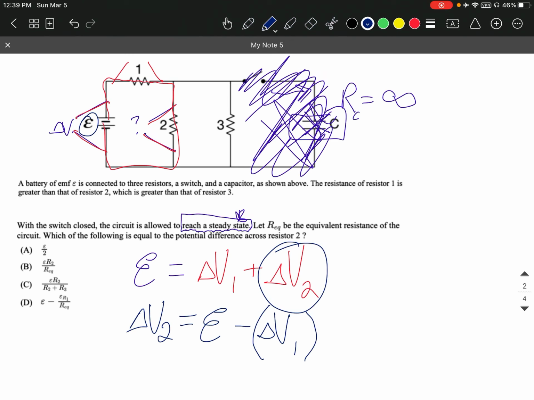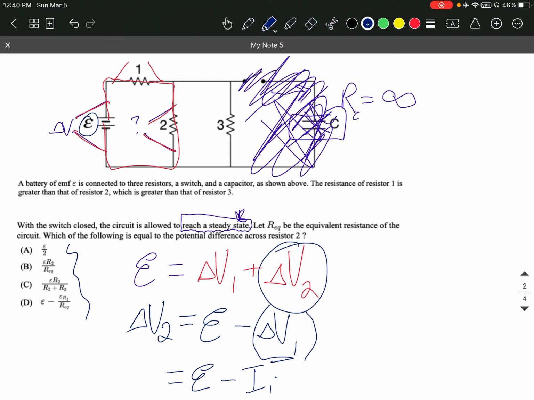But I do see some other things. So I'm going to go ahead and just assume that because there is no delta V1 in any of these responses, I'm going to go ahead and get rid of this. How could I express this in another way? Well, if you know Ohm's law, we could quickly turn that into current times resistance.